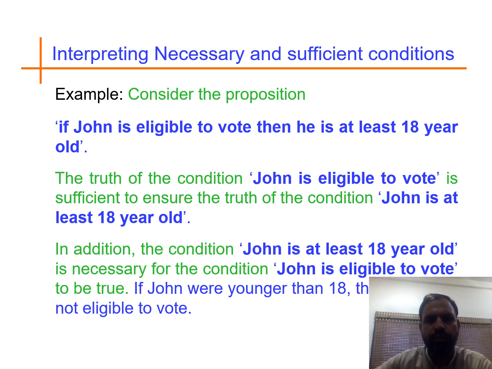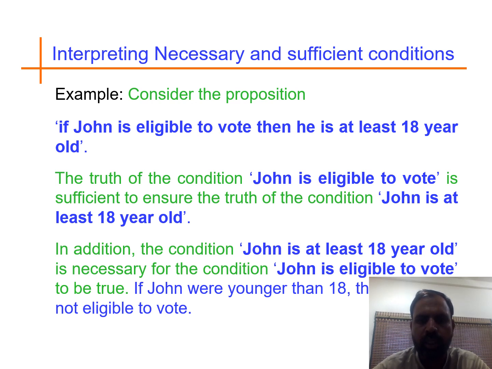So if we claim that John is eligible to vote, we can easily conclude that John is at least 18 years old. In addition, the condition John is at least 18 years old is a necessary condition for the condition John is eligible to vote to be true.